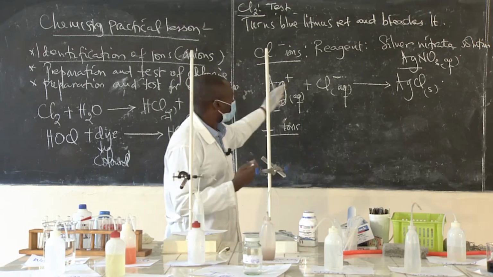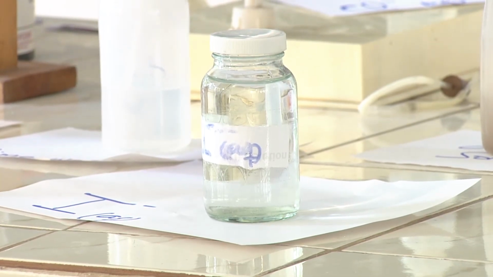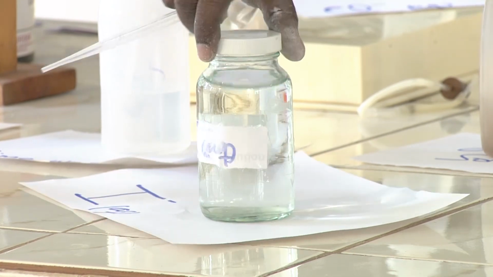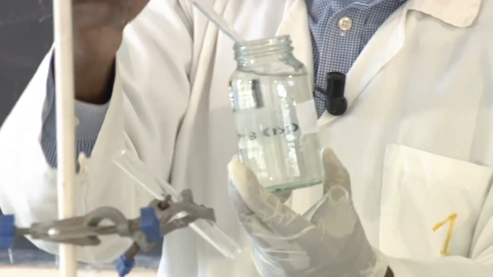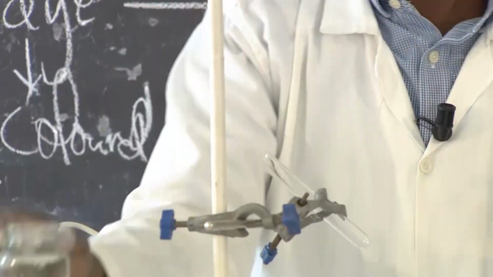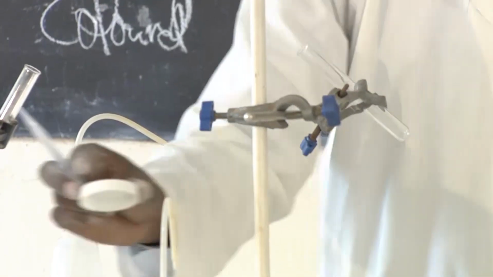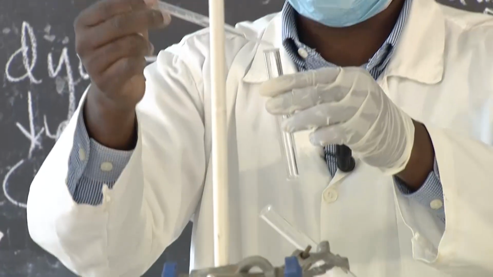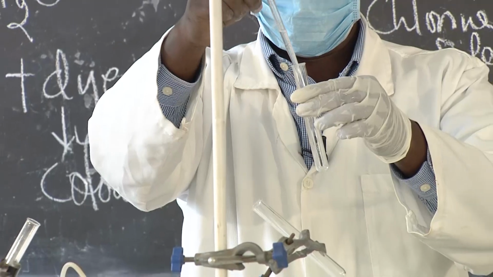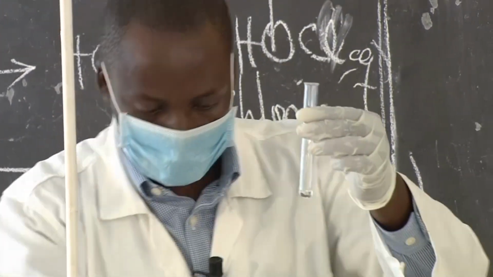So we have the iodide ions here. Just take very little of it. Don't need a lot. A little solution of the iodide ions, very little of it. That's enough. This is a colorless solution.